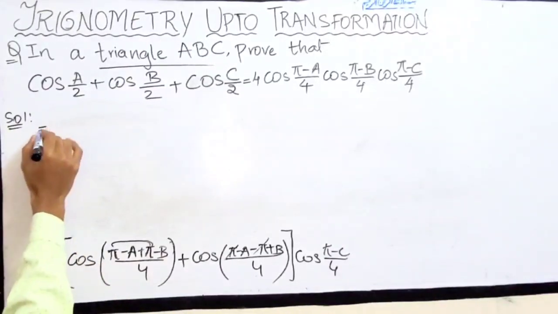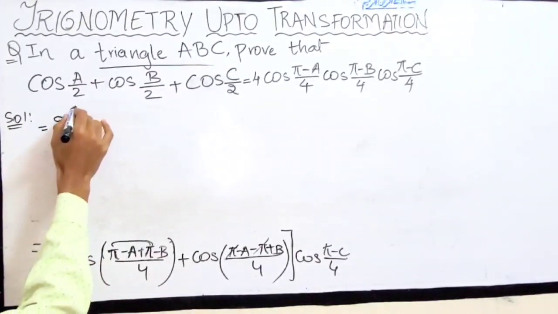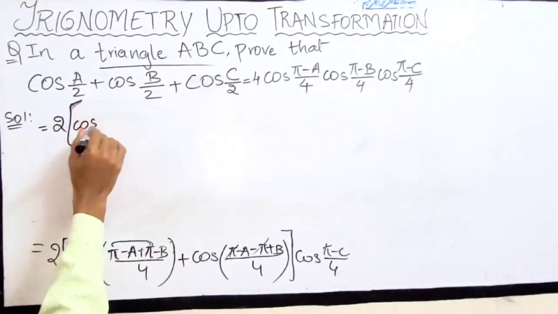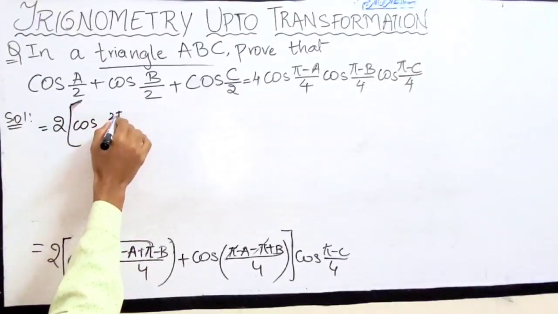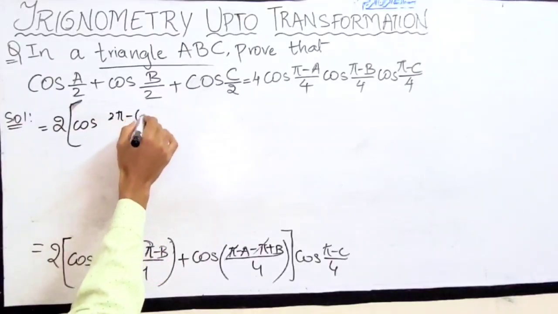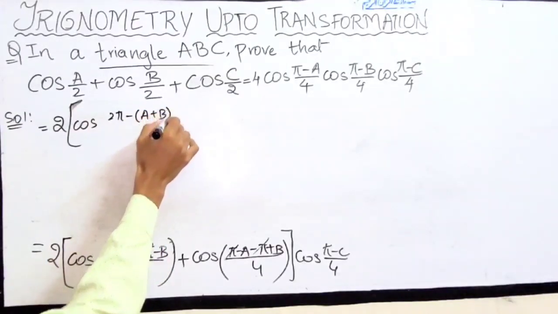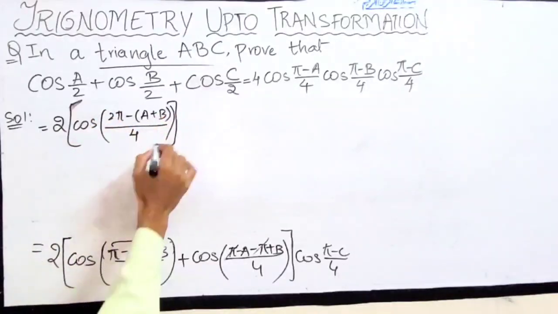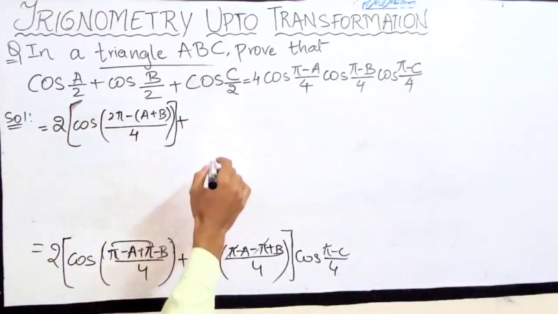Now the next step: 2 cos, which will be 2 cos of (2 pi minus, taking common, a plus b) by 4. This is our first term, plus what is the next term?